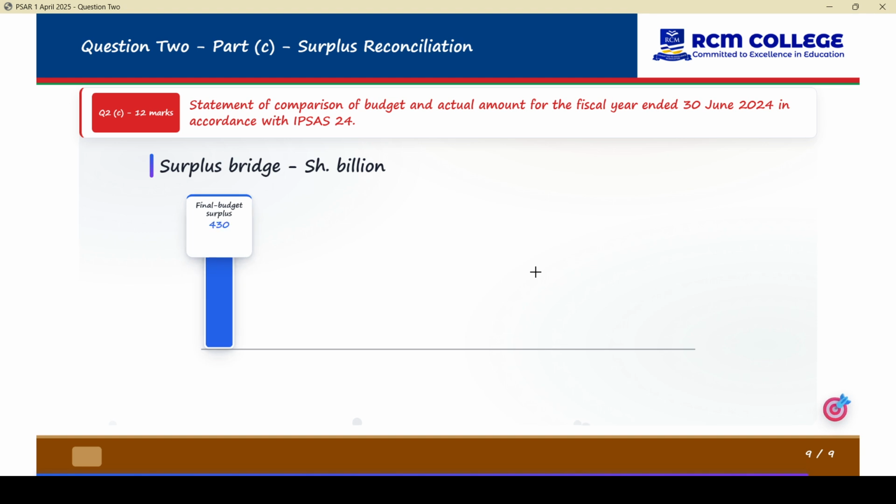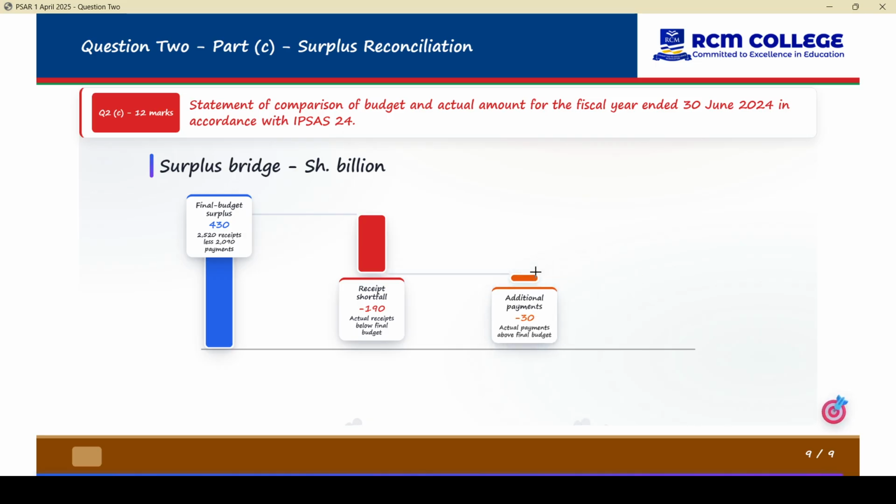So here, final surplus is 2520 receipts less 2090 for payments, which will give us 430. So the receipts shortfall is minus 90. What was budgeted to what you actually received is minus 90.